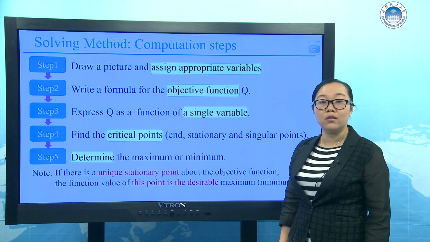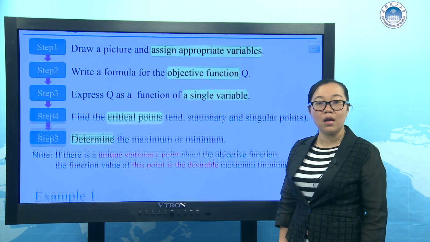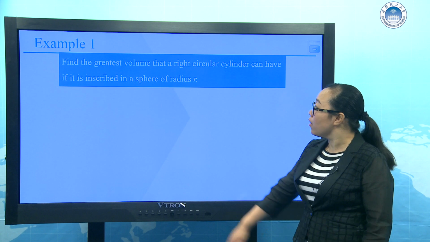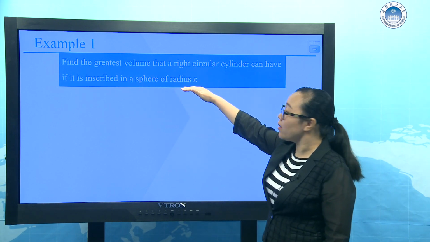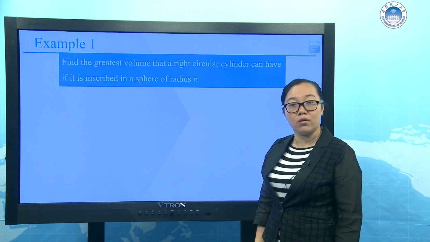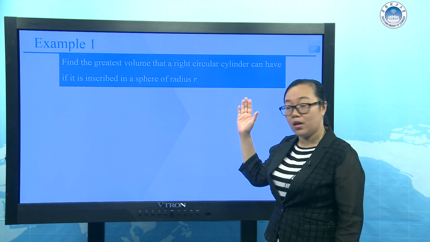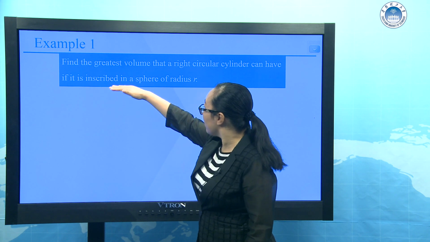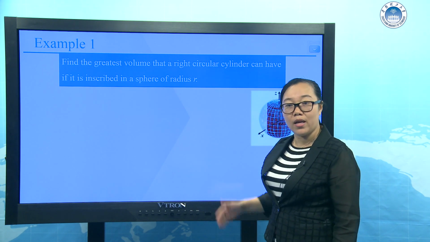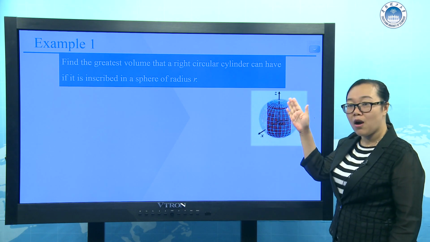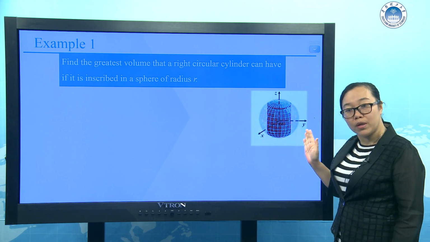How to apply the following steps? So now look at example 1. Try to find the greatest volume that a right circular cylinder can have if it is inscribed in a sphere of radius R. So now look at the picture. It is our geometrical picture.